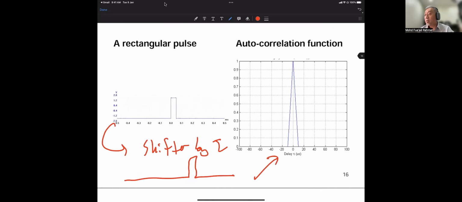You can see that tau equal to 0 will give the maximum value of the autocorrelation function.